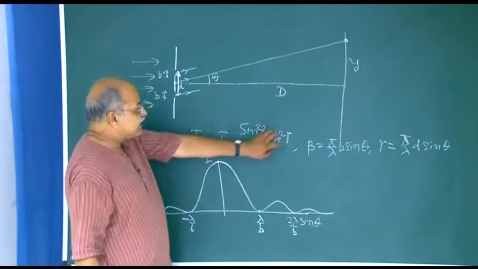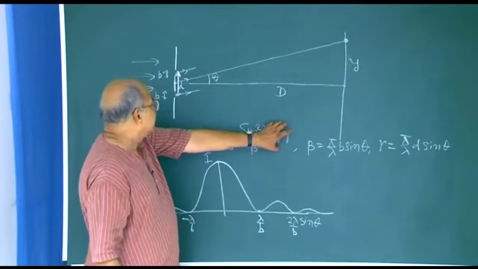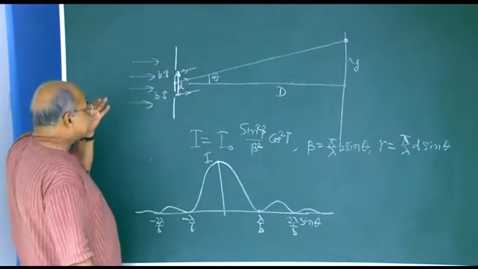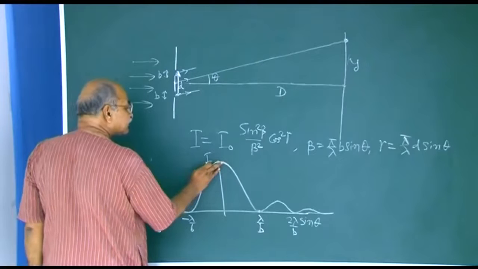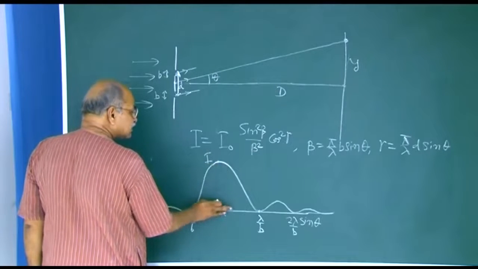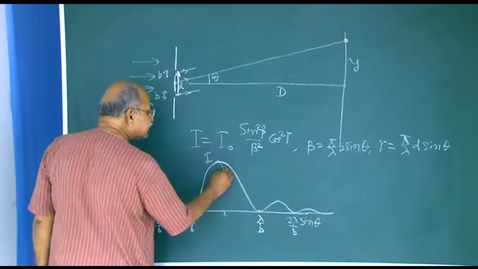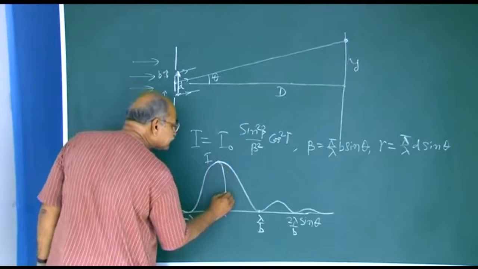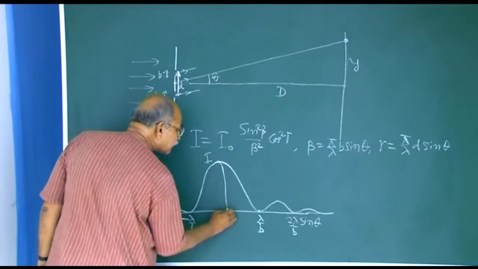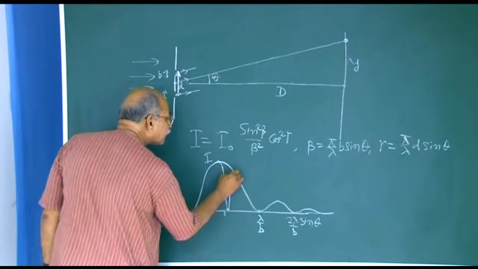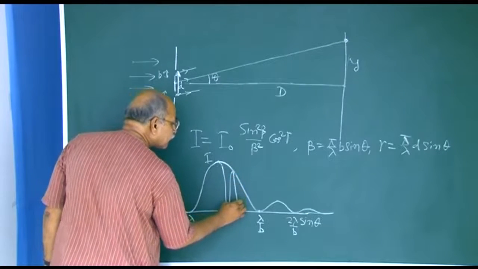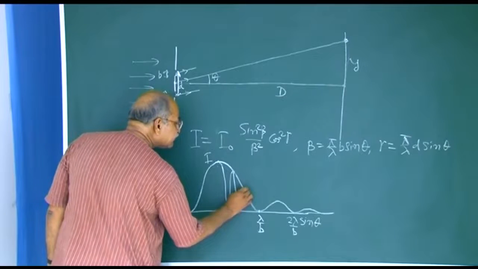And then because of this factor cos square gamma, because of the presence of these two similar slits, the intensity goes like this, something of this sort. So this is the actual intensity.